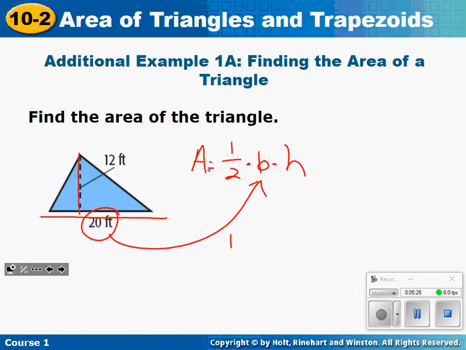So we're going to end up with 1/2 times 20 times the height is 12. So we plug the 12 in there, 1/2 times 20 times 12. We end up with what? What's 1/2 times 20? 10 times 12 is 120.